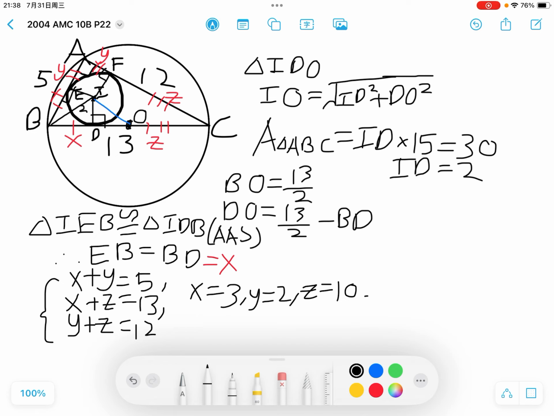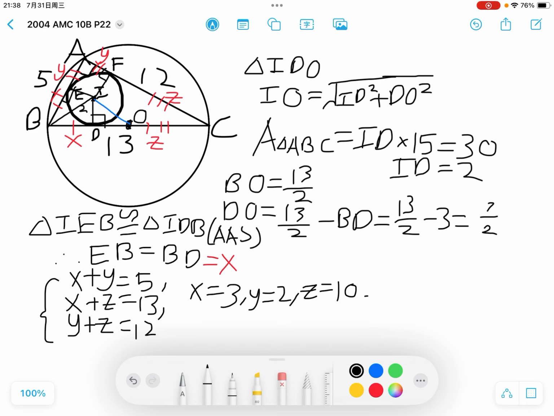So we know BD, because BD is just X, so BD is equal to 3. Then 13 over 2 minus 3 gives us 13 over 2 minus 6 over 2, which is 7 over 2. So DO is 7 over 2. We can use the Pythagorean theorem here.